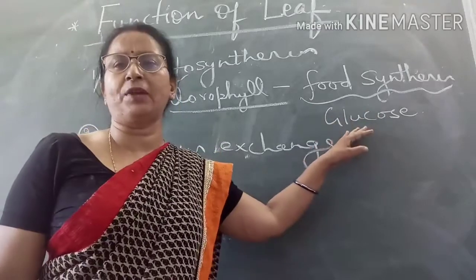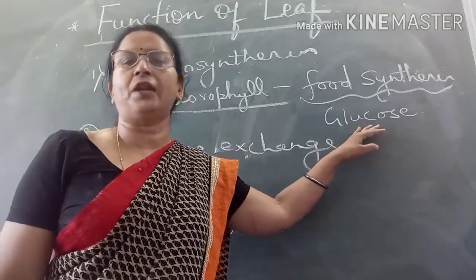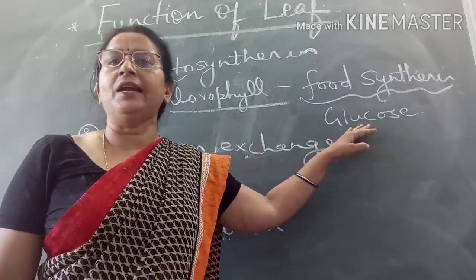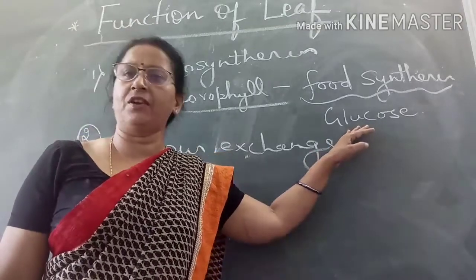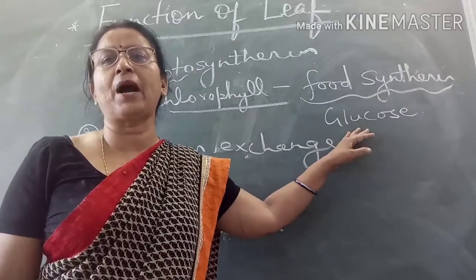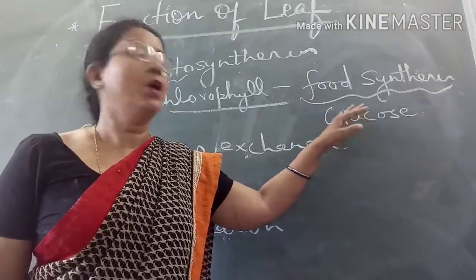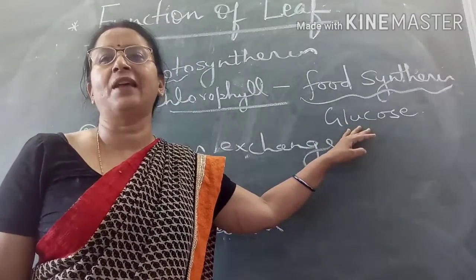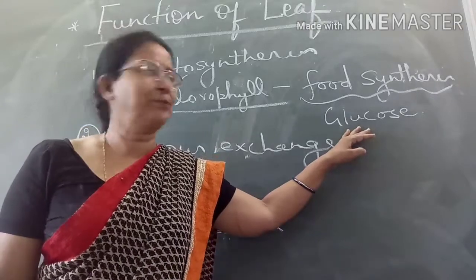Just after its formation, it is transformed into starch, and in the form of starch, it is transported to its different part, and it is stored also in its different part, so that we can use it as vegetables, as foods, etc.